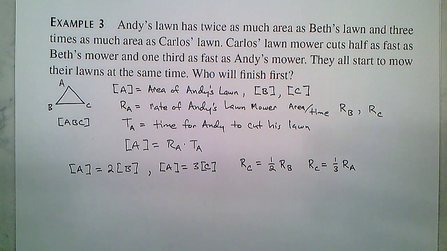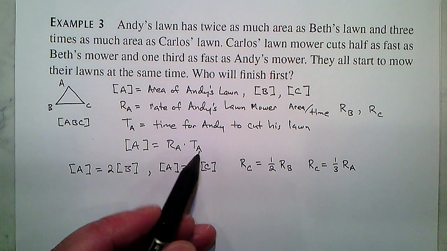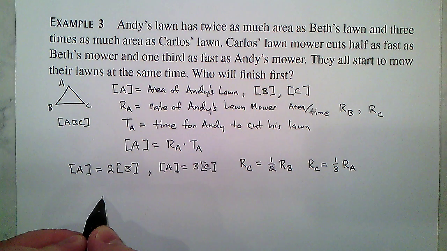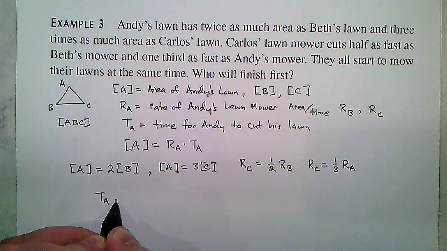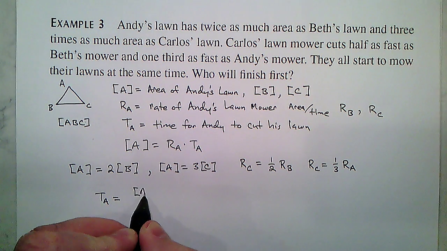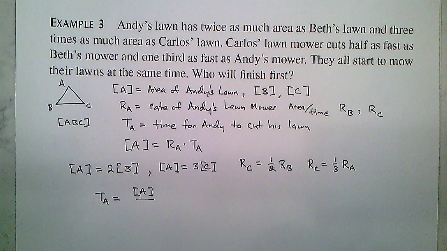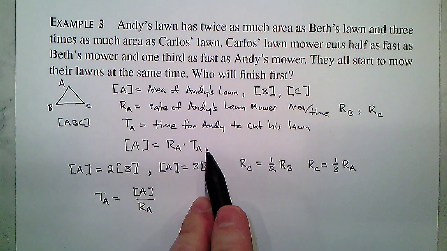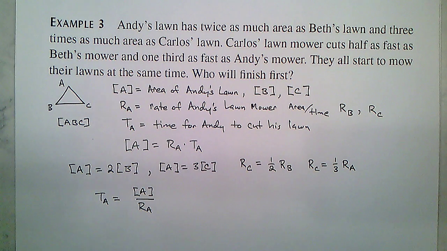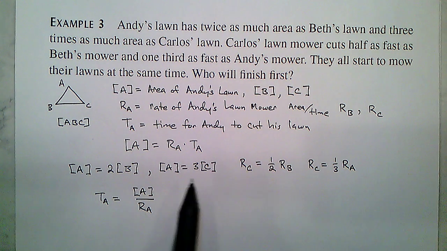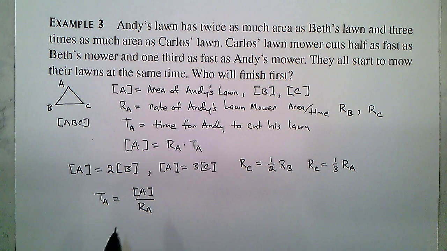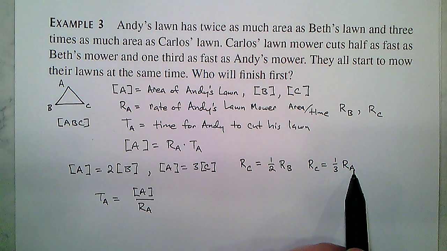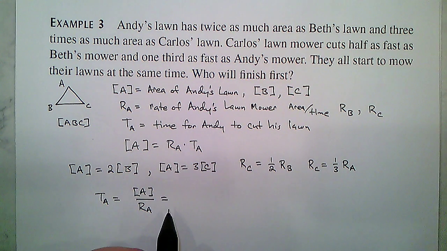Okay, they all start to mow their lawns at the same time. Who will finish first? Well, I think we should just compute the different times. The time it takes Andy is the area of Andy's lawn divided by Andy's rate, just looking at this equation. Let's translate everything into Carlos.